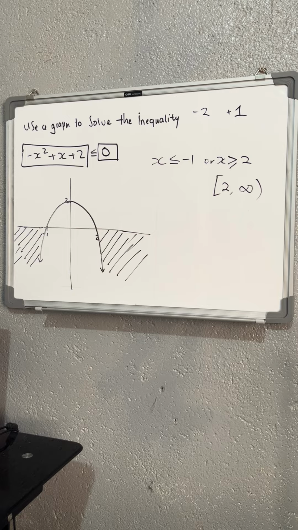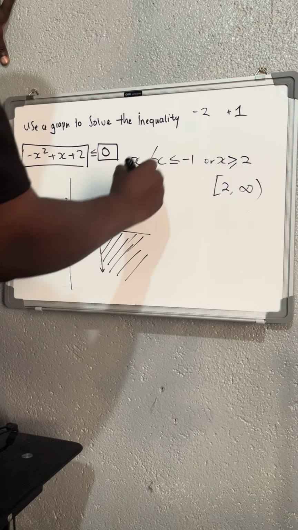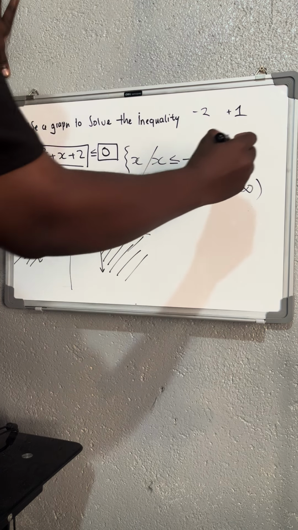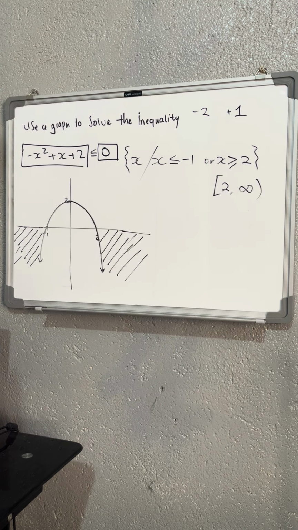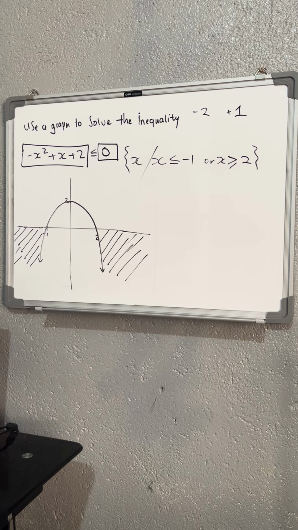Remember, they would ask you to do it in set notation or interval notation. Your set notation would be like this. You would write something like x is such that x, and remember you still have to write those curly brackets. But if it was an interval, you're going to write it the other way.